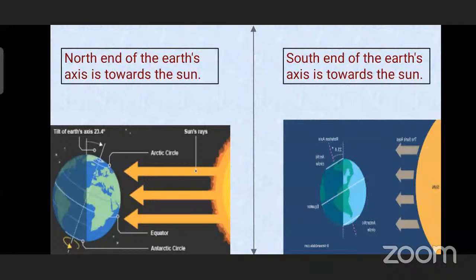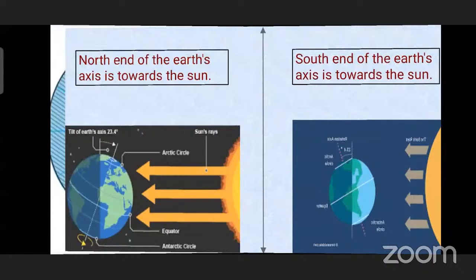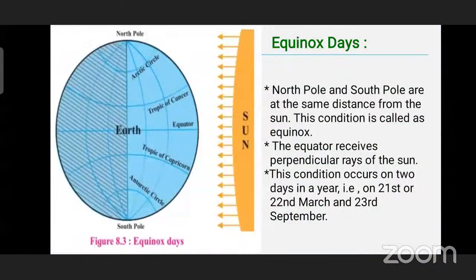So we will see next slide. What is this equinox? See here, students, in this figure you can see the North Pole and South Pole are at an equal distance from the sun. So this condition is called as equinox. Here again you can see, students, that the sun's rays are perpendicular to the equator. Equator means what, students?